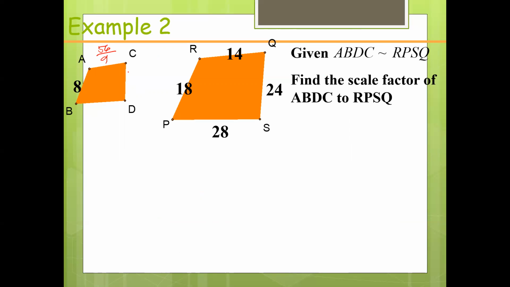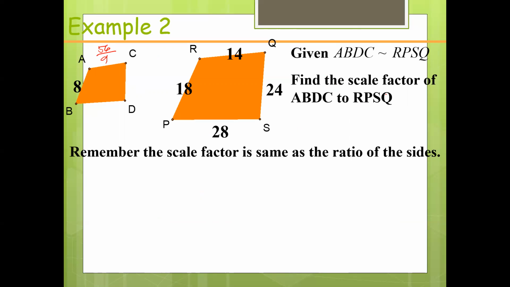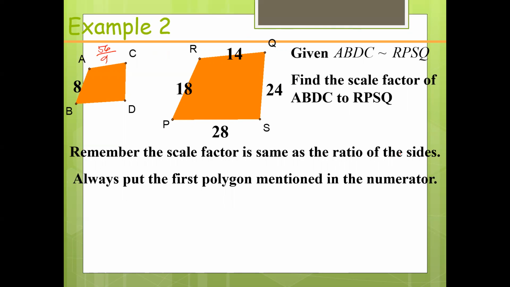How do we get the scale factor? Another question is to find the scale factor ABDC to RPSQ. We find it using the lengths. Since they are similar, we check the ratio of the sides, which gives the scale factor. Always put the first polygon mentioned in the numerator.